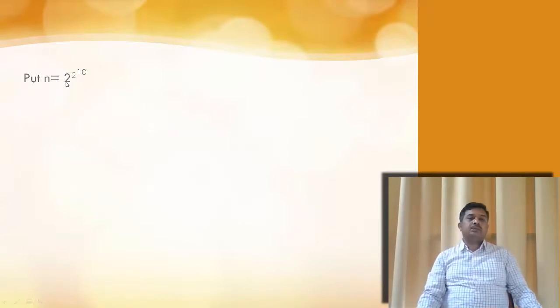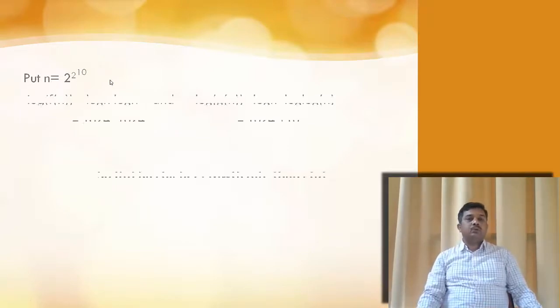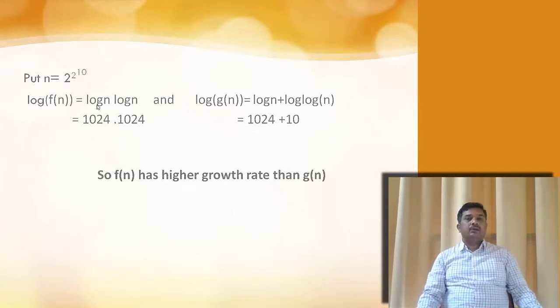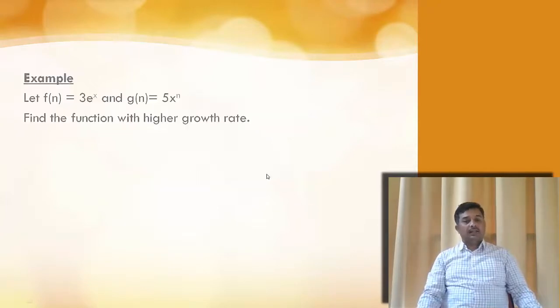So again substitute n equal to 2 to the power 10. So we'll get log n into log n becomes 1024 into 1024 and log n plus log n becomes 1024 plus 10. So fn is having higher growth rate than gn.